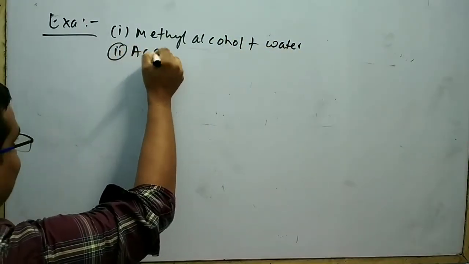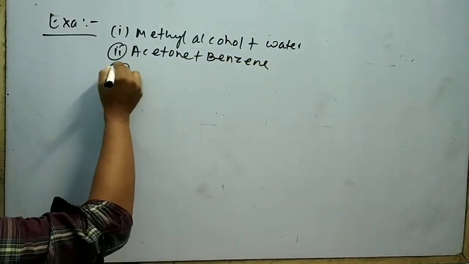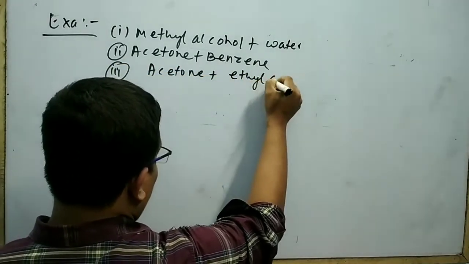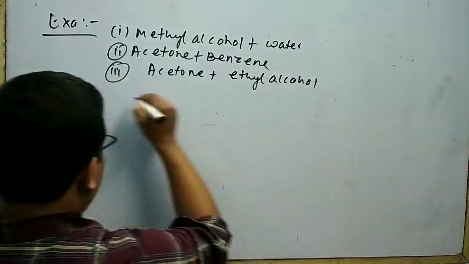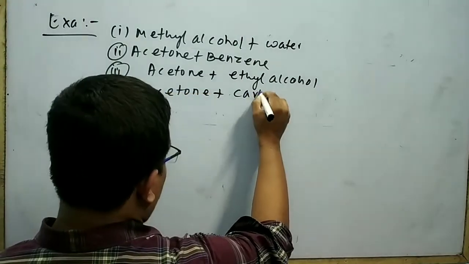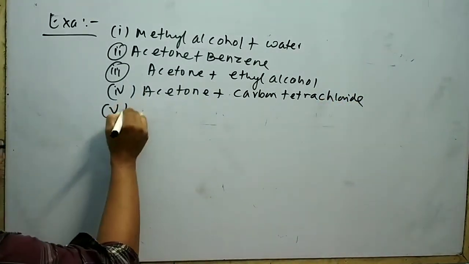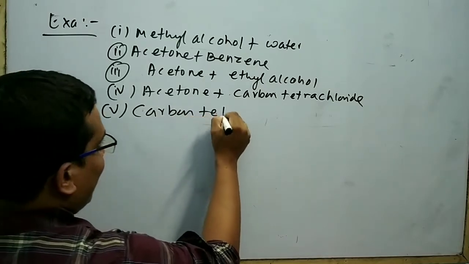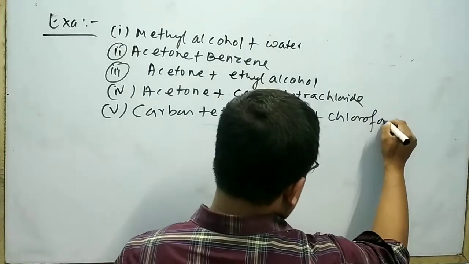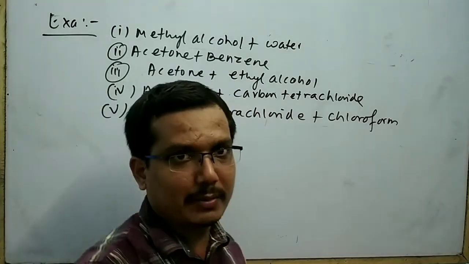Number two is your acetone plus benzene. Number three is your acetone plus ethyl alcohol. Number four is your acetone plus carbon tetrachloride. Next is your carbon tetrachloride plus chloroform. These are the examples of non-ideal solution showing positive deviation.